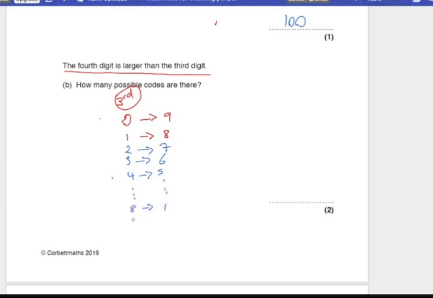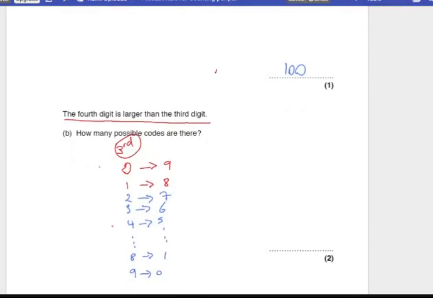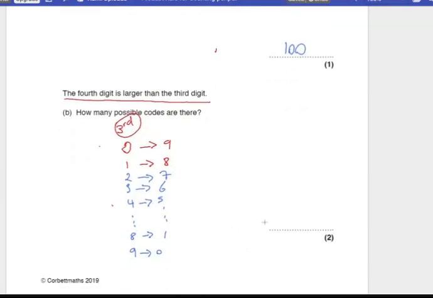And then, of course, you can't put 9, because if you were to put 9, then there are 0 options if the next digit has to be strictly greater. So there we go. So yeah, we get 1 plus 2 plus 3 plus all the way up to 9, and that's 45.